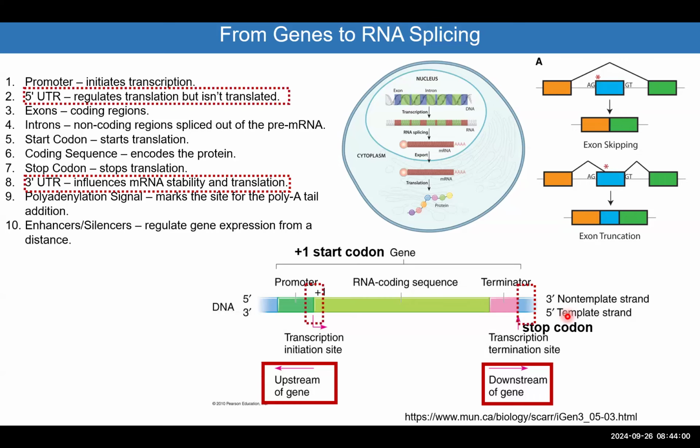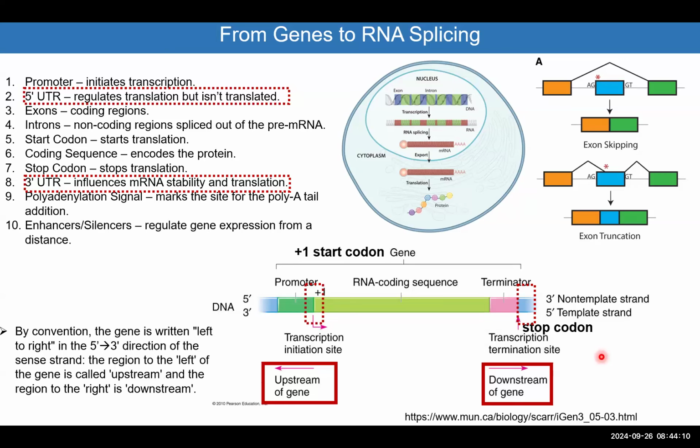So for the 3' and the 5', they are not very well annotated in this figure. I just put the markers here. And by convention, most of the time, the expression is followed from 5' to 3' end. And the regions, as I said, to the left is the upstream and to the right is the downstream.